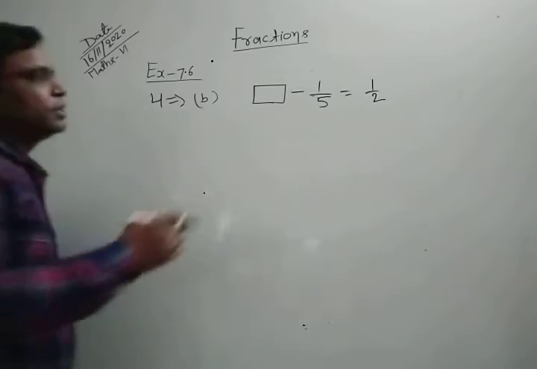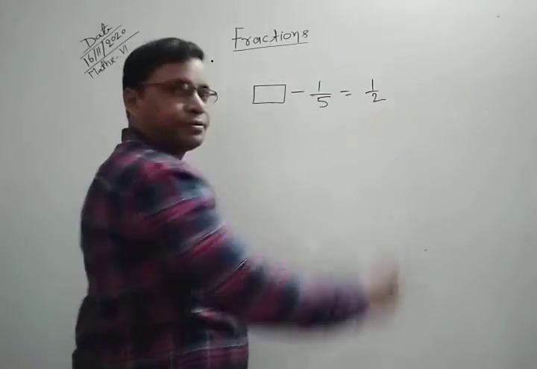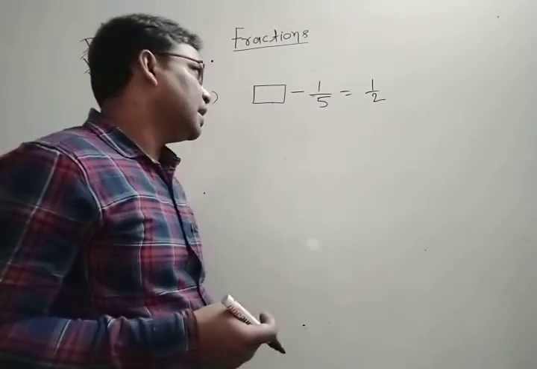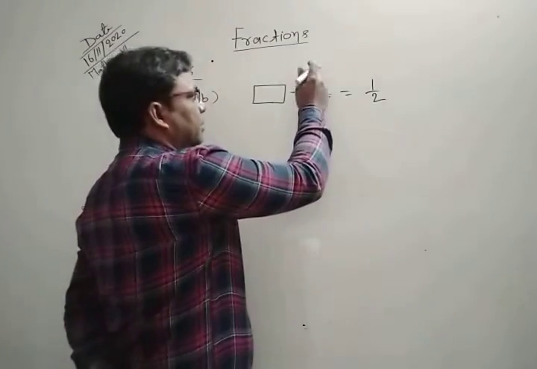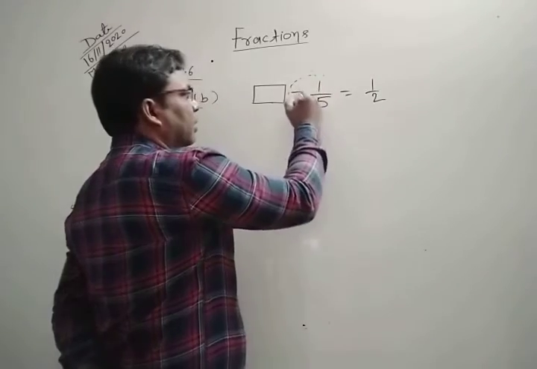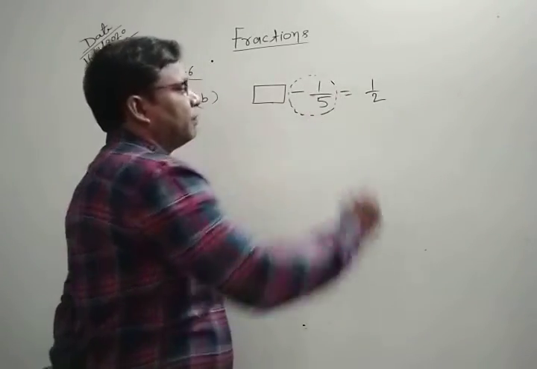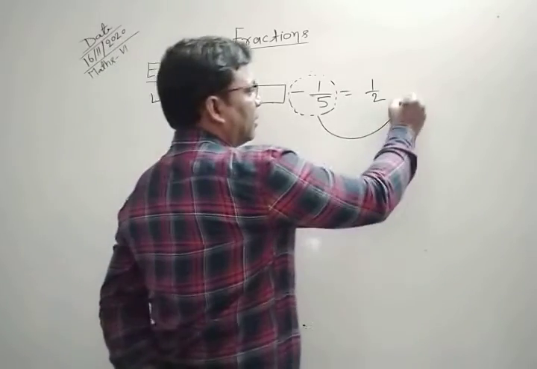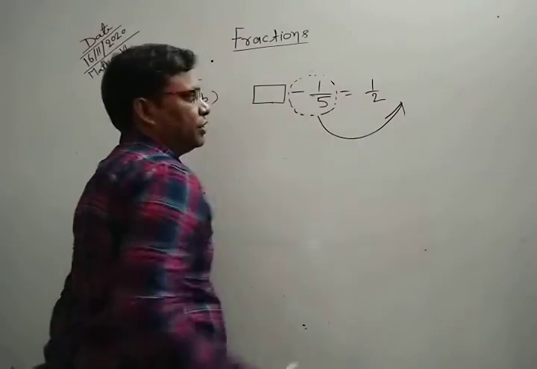This is the left hand side, and this is the right hand side. When we transpose minus 1 by 5 from the left hand side to the right hand side, it becomes positive.